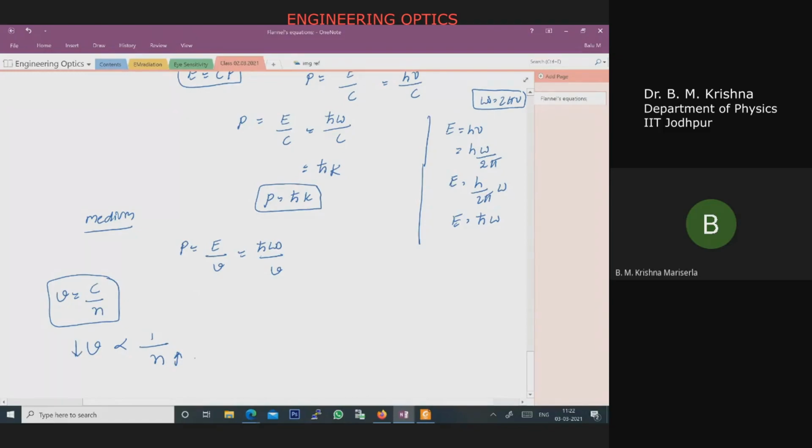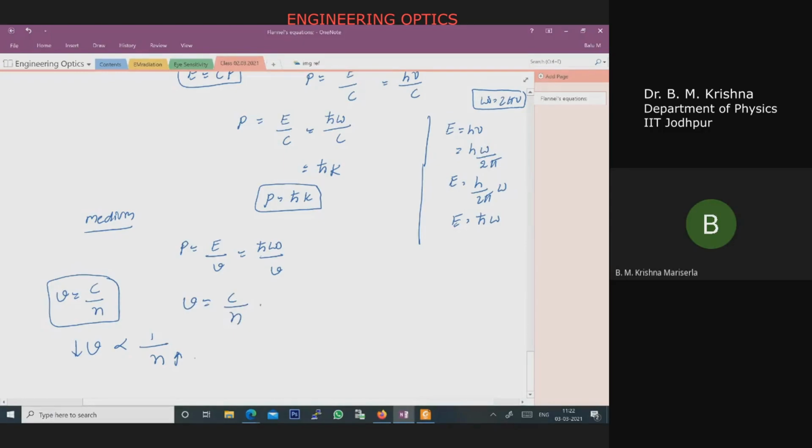In most materials, in any medium you take, the refractive index is higher than 1. When it is higher than 1 in the denominator, the velocity will always be lower than the light velocity. You need a material with refractive index less than 1 for your speed to be higher than the light velocity. It's a simple formula: v equals c by n.